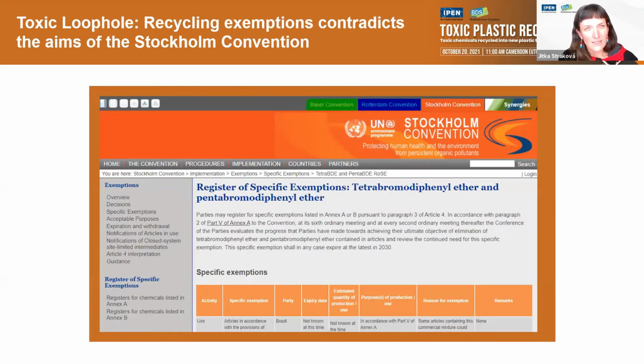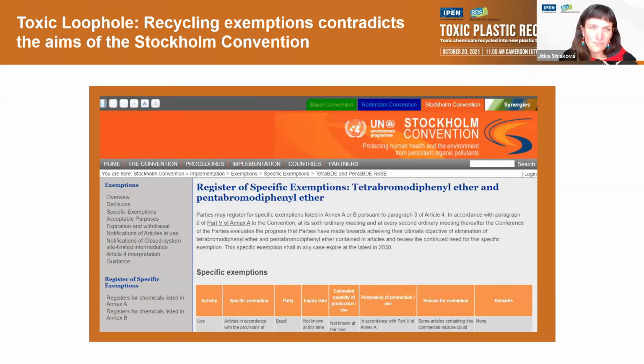As a result of long-lasting public and researcher concerns, parties to the Stockholm Convention decided to include polybrominated diphenyl ethers and hexabromocyclododecane into Annex A for global elimination.